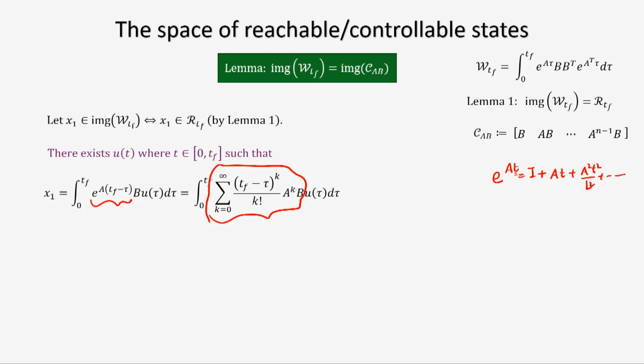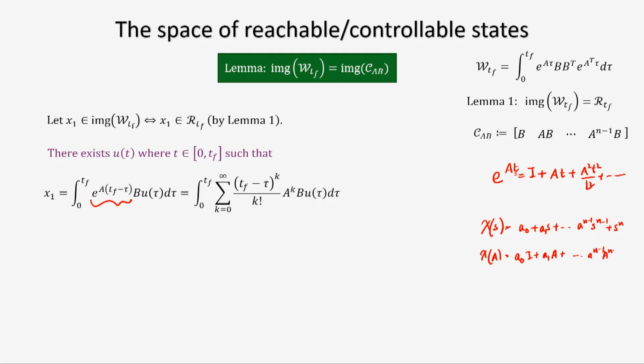Now, once I can write it down in this way, here is the thing that we know: A satisfies the Cayley-Hamilton theorem. So, if chi of S for A is a naught plus a 1 S dot dot dot a n minus 1 S to the power of n minus 1 plus S to the power of n, then we know that chi of A is equal to a naught I plus a 1 A plus dot dot dot a n minus 1 A to the power n minus 1 plus A to the power of n, right.